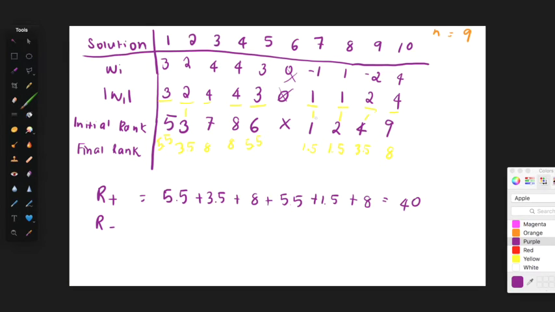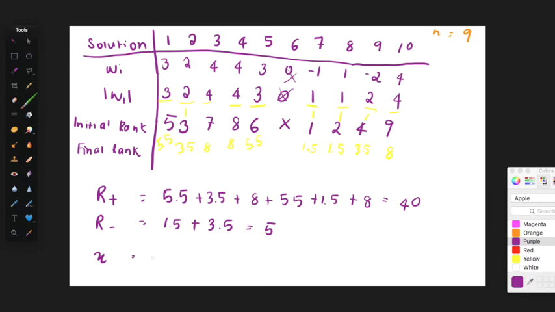Now our negative is going to be the ones with the negative. So it was 1.5 plus 3.5, and that's going to equal 5. Okay, then we're going to obtain the x.